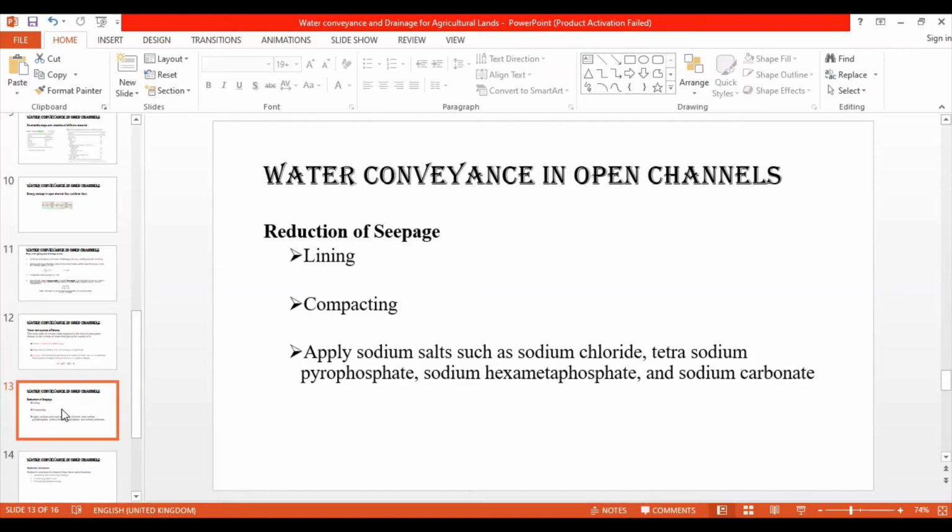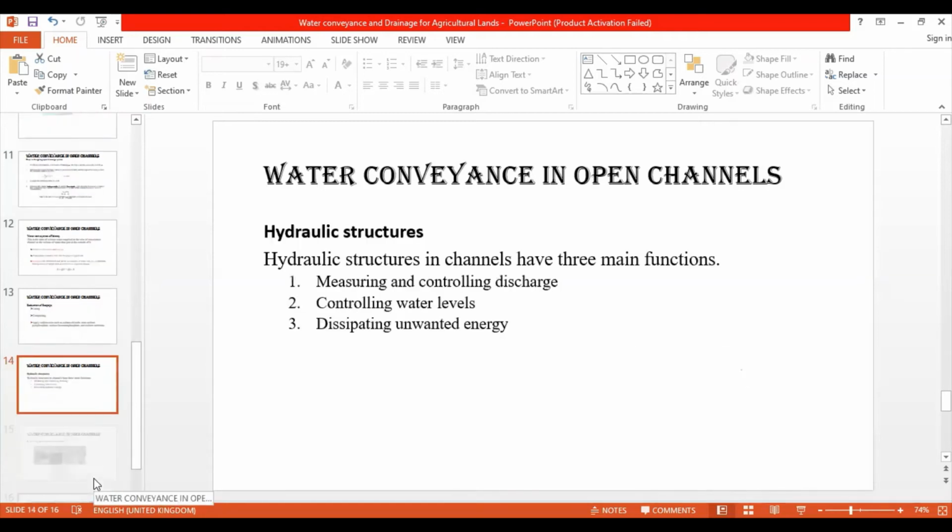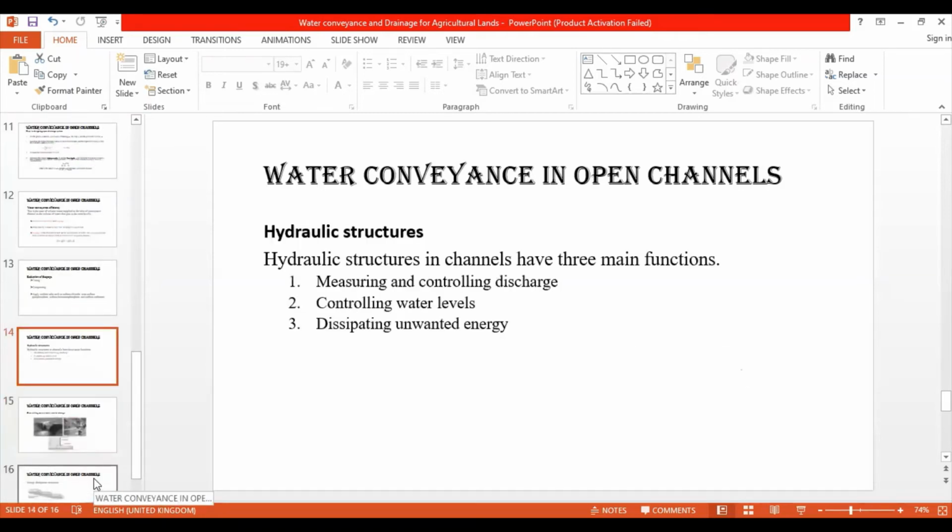So these are the three ways in which you can reduce seepage and make sure that the amount of water you put into your system is equal to the amount coming out at the end of the drain. So that's the efficiency of open channels. You want it to deliver enough water without incurring a lot of losses.